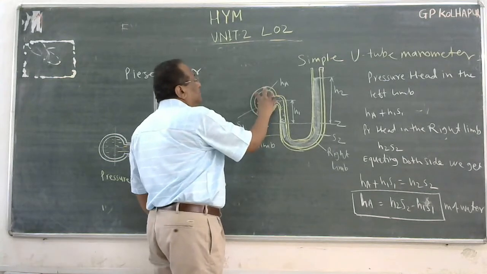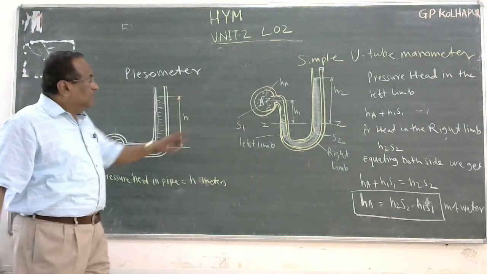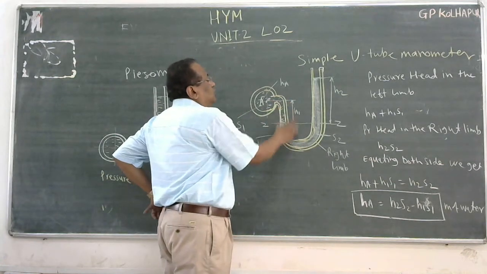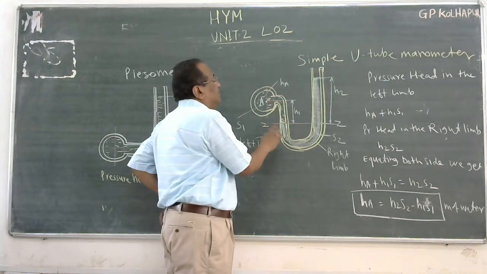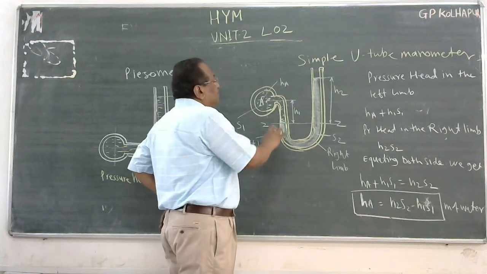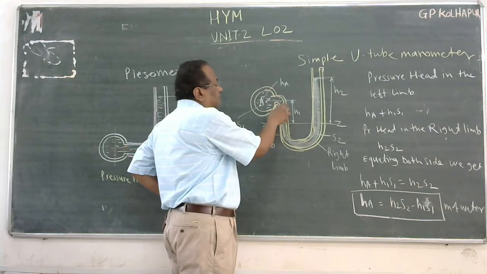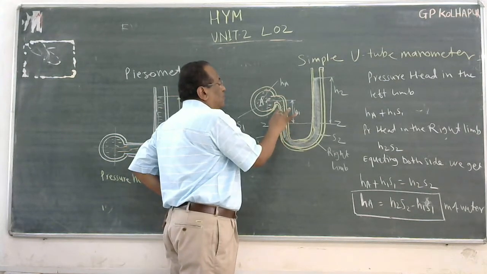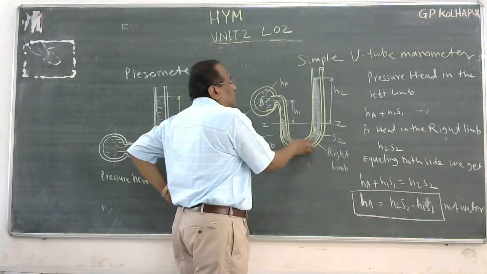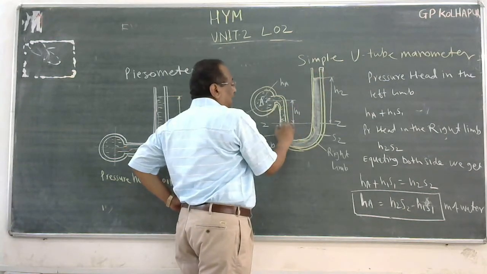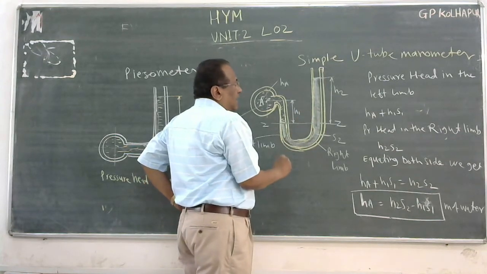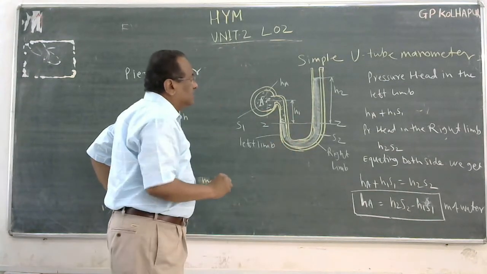This is a pipe similar to this one, carrying any liquid under pressure, and this U-tube manometer is connected to this pipe to measure the pressures. What happens? Due to this pressure, the mercury is pressed down on this side of the manometer, and the mercury rises higher than the left side of the manometer. With the help of this, we can measure the pressures.